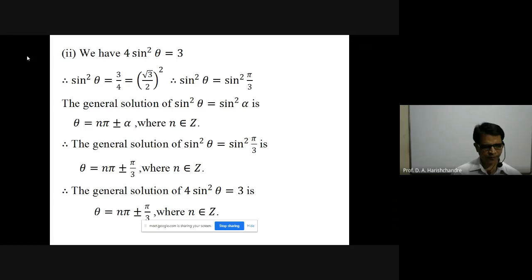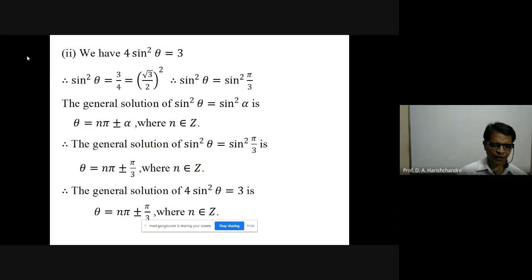So the resulting form of the trigonometric equation will be sin square theta is equal to sin square pi by 3. That trigonometric equation matches the standard form sin square theta is equal to sin square alpha, whose solution is given by the formula theta is equal to n pi plus or minus alpha, n belongs to z. In this formula again replace alpha by pi by 3.